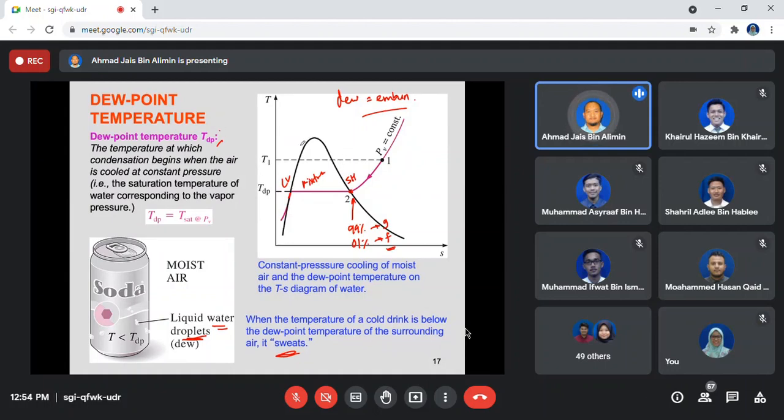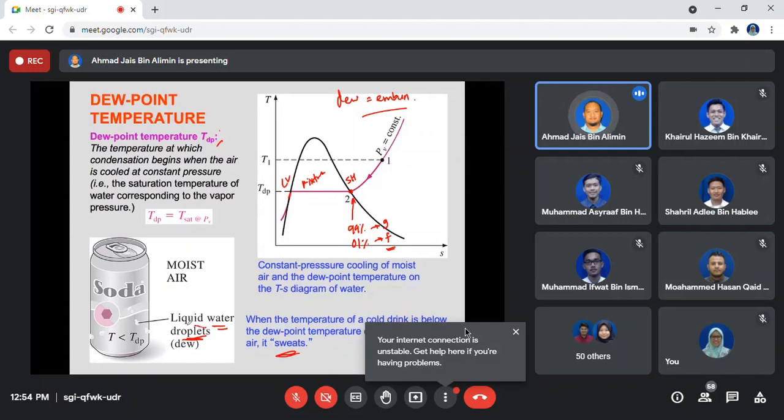So we want to monitor this because, like I said, in certain engineering applications, you don't want the droplets to appear.